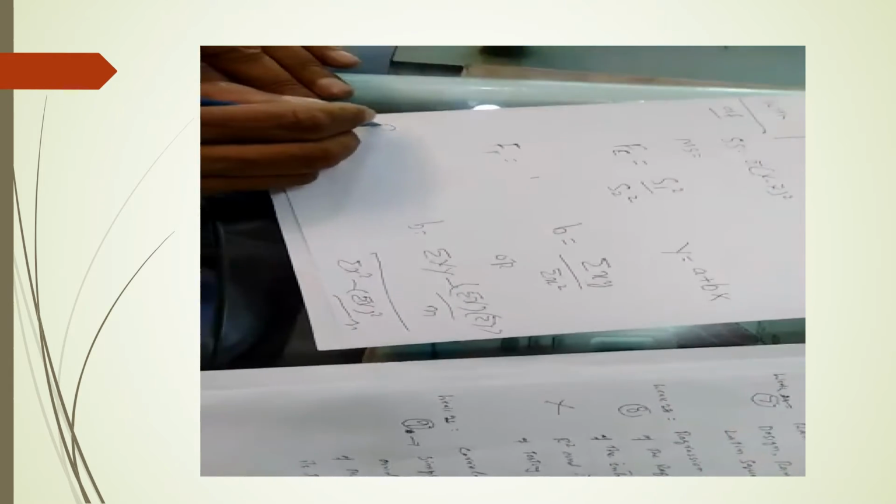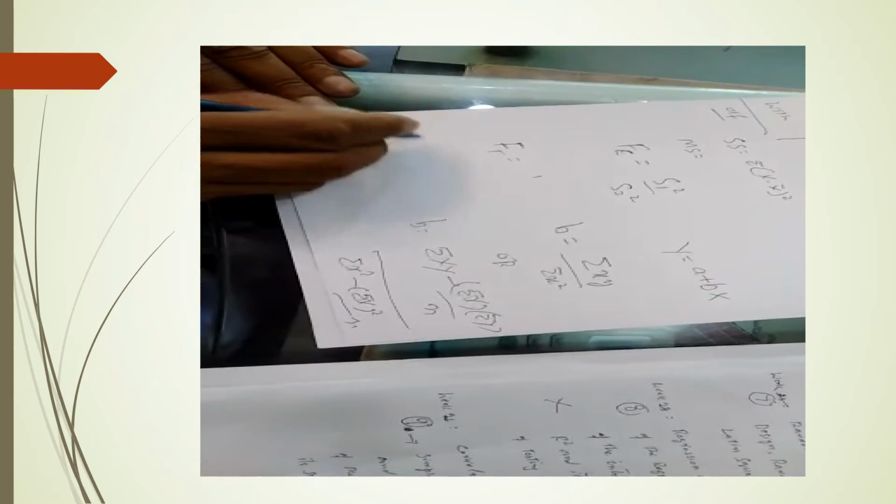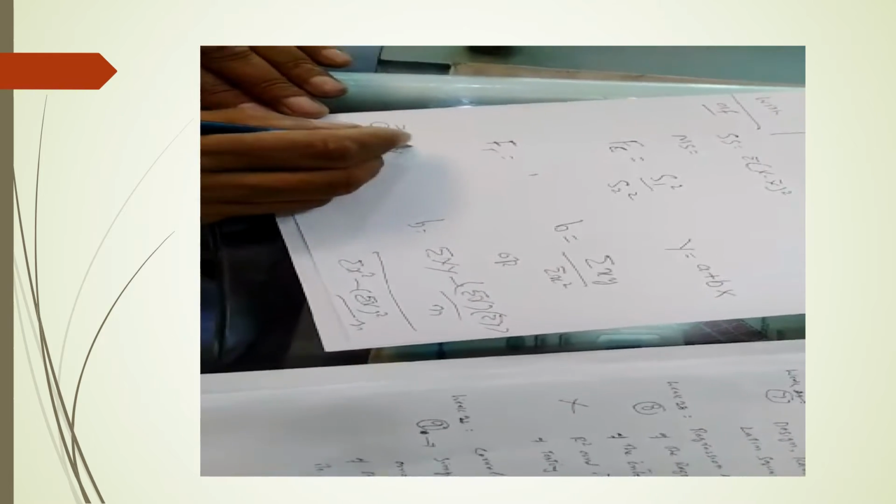And a, the intercept, will be equal to y bar minus b x bar. So this is the estimation of a and b, the simple regression coefficients.